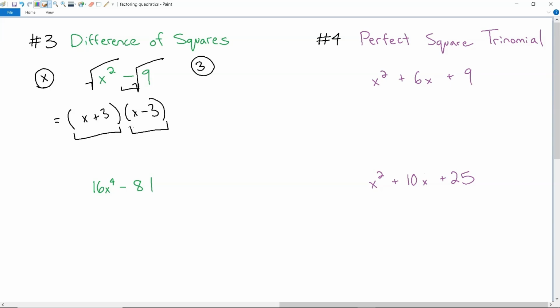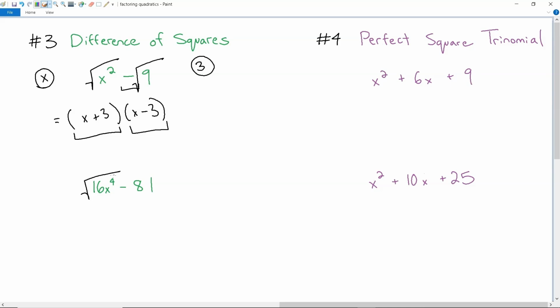You figure out what the square rooted value of your two original terms are, and then you put them together in one bracket with a positive, in another bracket with a negative. No problem. Let's try the next one, which is a bit more complicated, but it follows the same idea. We have two terms separated by a negative.